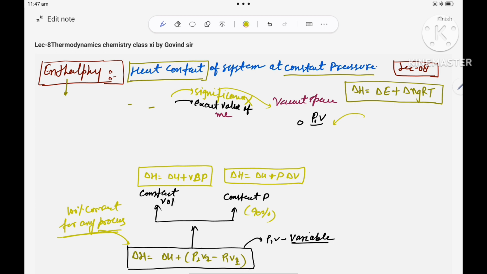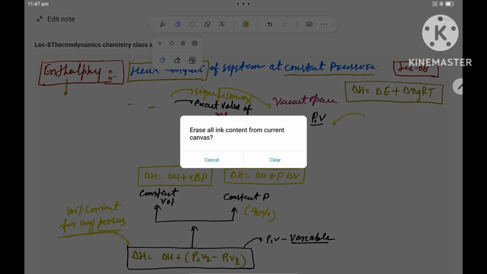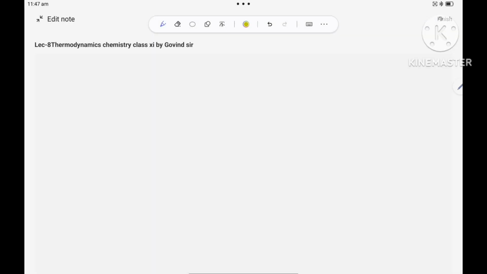Further we will check some problems. Question number 1. A non-ideal gas goes from state 1 to state 2.